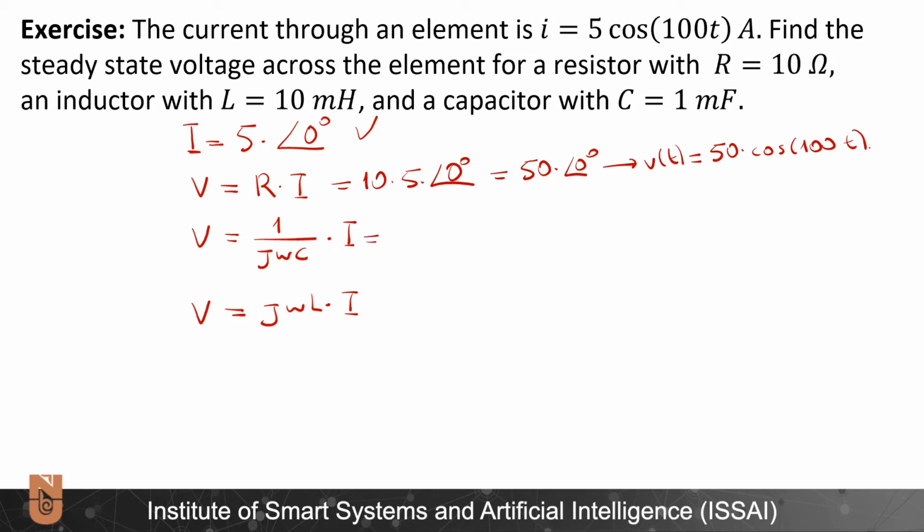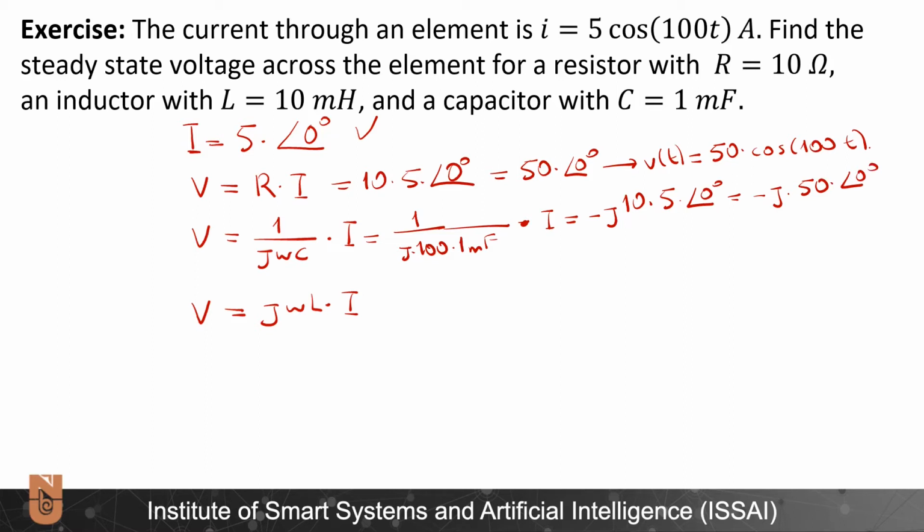Here I have 1 over j times 100 times 1 millifarad, and this will be times I, and this will be equal to minus j. 1 over j is equal to minus j, and 1 over 0.1, so it will be 10 times 5 times 0 degrees, and this will be minus j times 50 times 0 degrees.